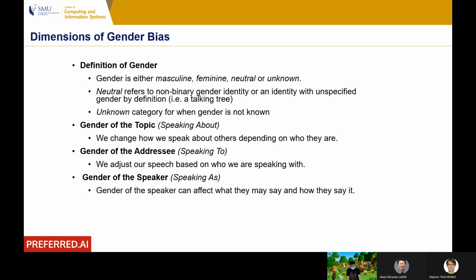The neutral category refers to non-binary gender identity, or identity with unspecified gender by definition, for instance, a talking tree character. The unknown category is for when the gender is not known. I think for the classifiers, they'll allow the classifier to put any label on an unknown category.